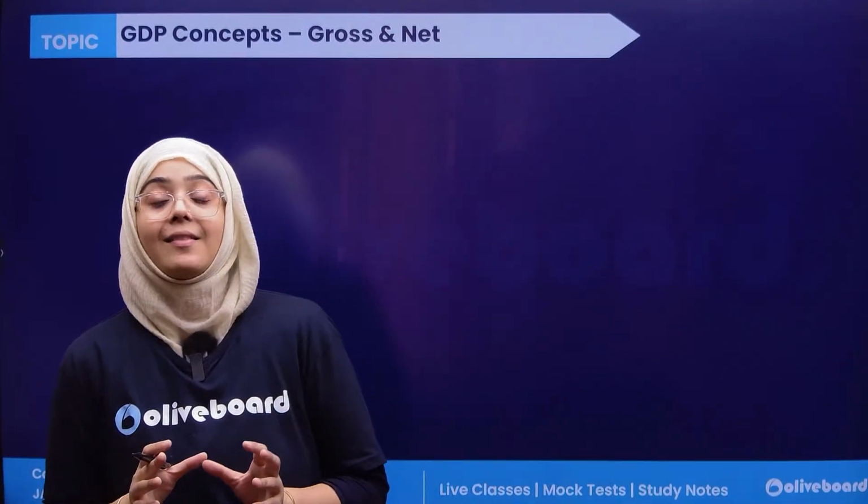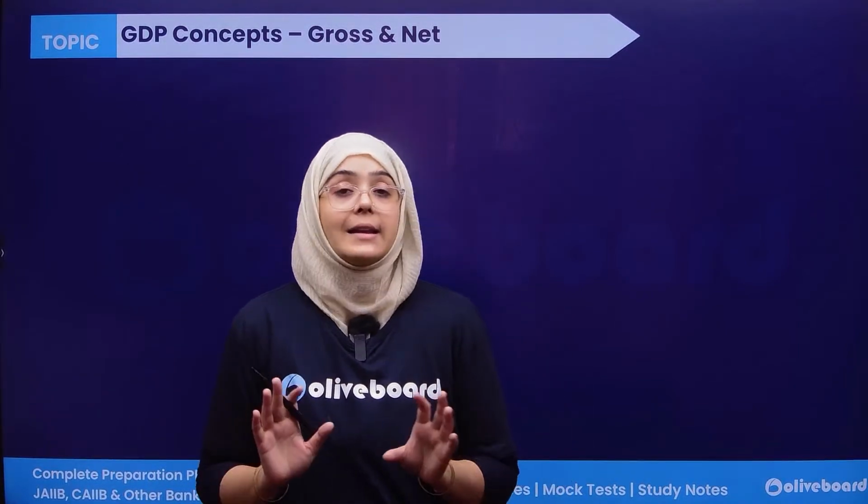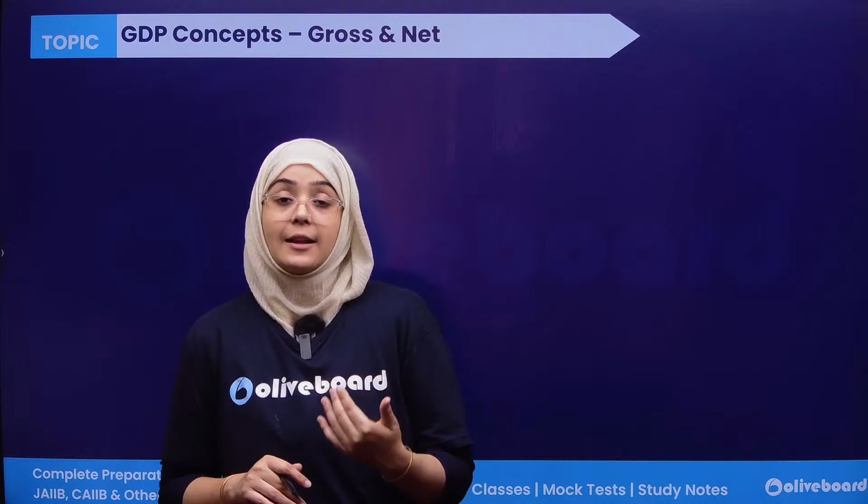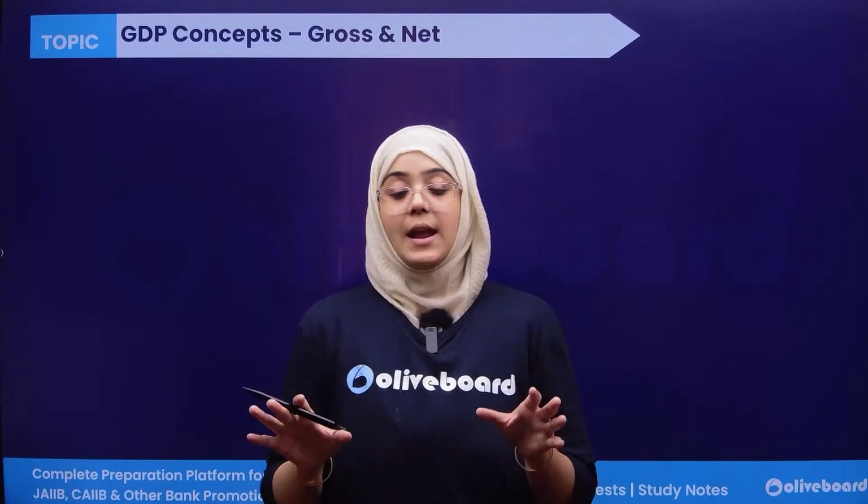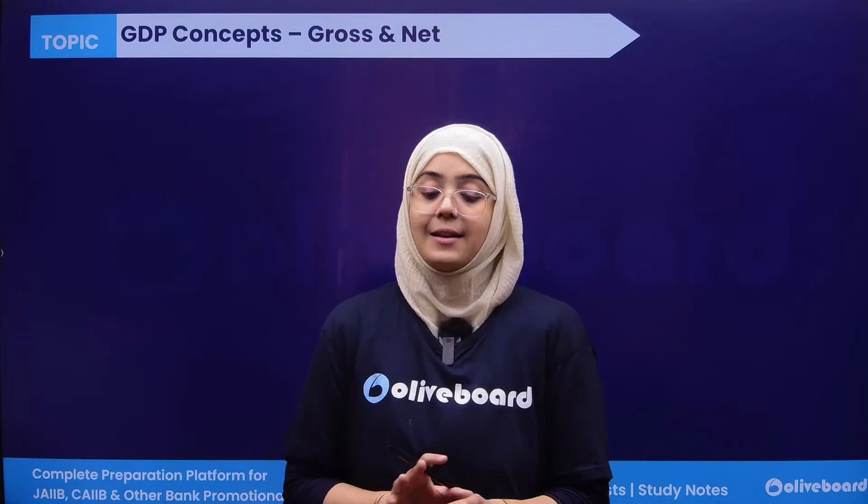Now, the second set is gross and net. What is gross? What is net? So, gross is the total aggregate value without any deduction. If we are taking the aggregate value without any deduction, then it is known as gross.